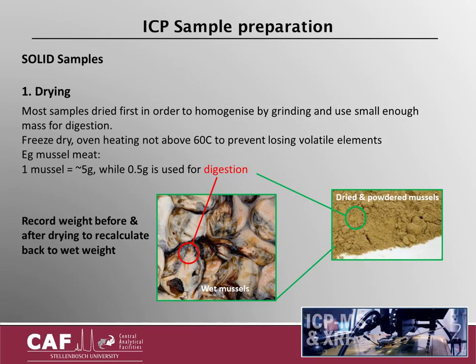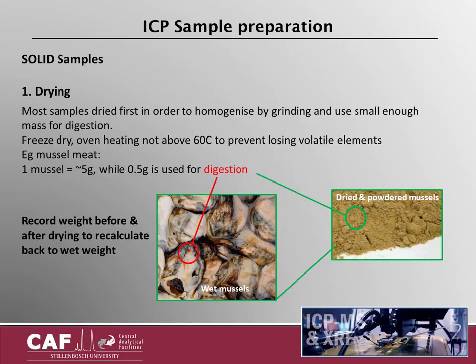So looking at solid samples, most samples will require a drying step first before they can be homogenized and ground into a small enough mass for digestion. Because if you look, for instance, at mussels that are sampled for trace metal analysis, you'll end up sampling maybe 10 or 20 mussels where they each weigh about 5 grams per mussel, and eventually we only use 0.5 gram for digestion.